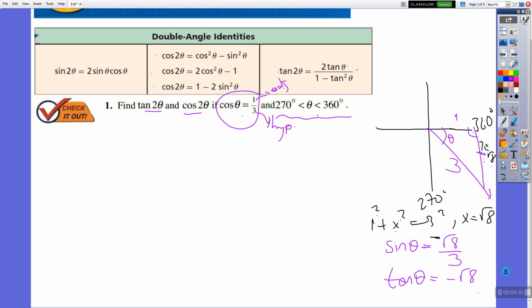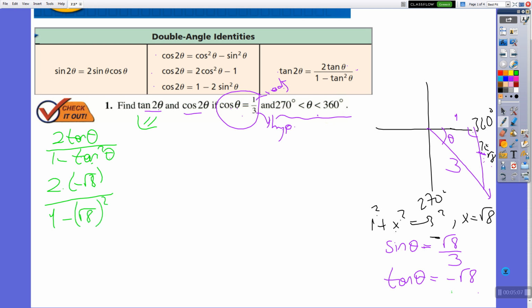Now let's apply the formula. So let's do tangent first. Let me write the expansion. 2 tangent theta over 1 minus tangent squared theta. So it's 2 times tangent theta. We found it as negative square root of 8, divided by 1 minus negative square root of 8 squared.